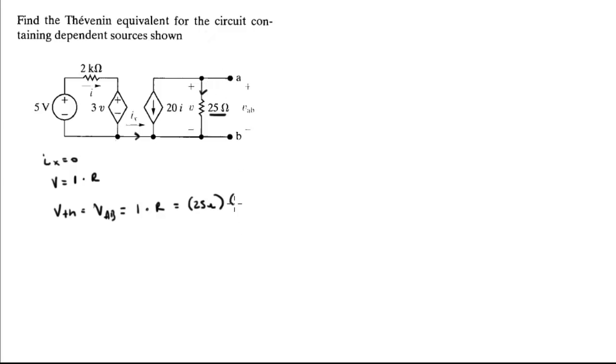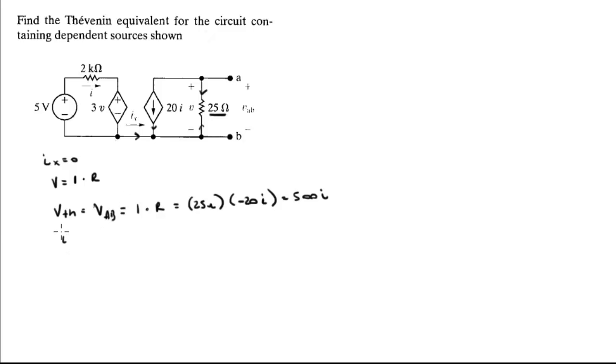The current being negative 20 I, because if the current is going down this way, then it will be going up this way, so it's negative 20 I. And this is equal to negative 500 I, and that is the Thevenin.